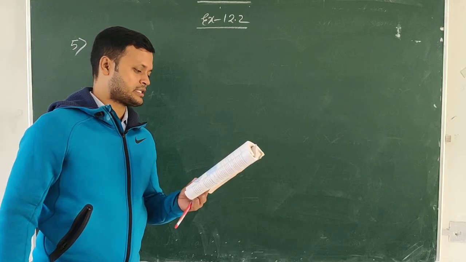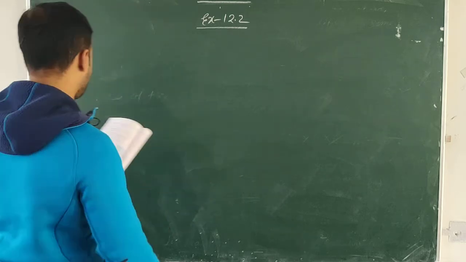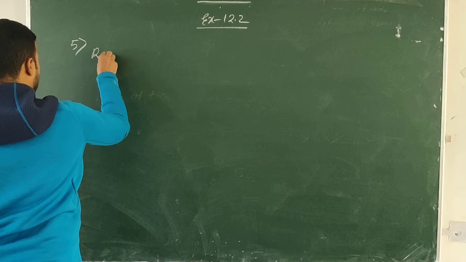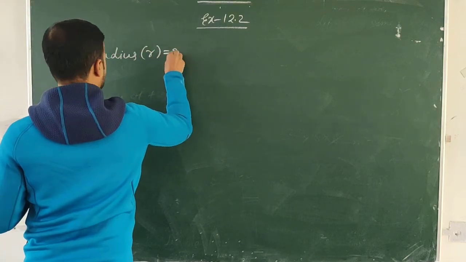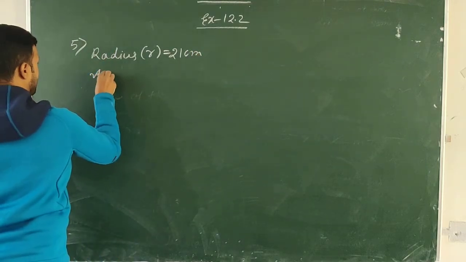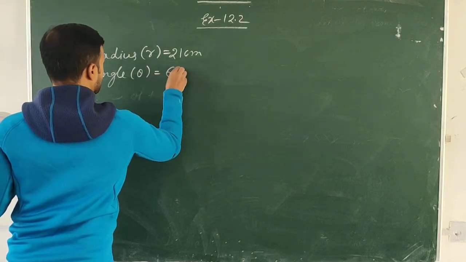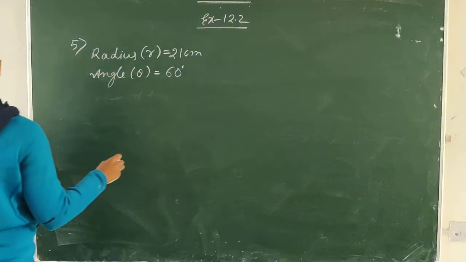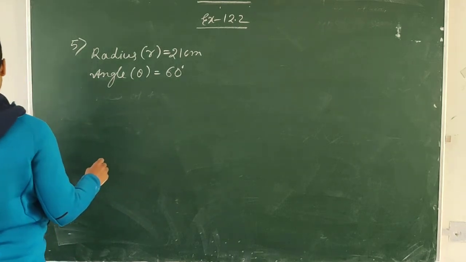Number 2, area of the sector formed by the arc and area of the segment formed by the corresponding chord. Okay. So radius is given. Radius r is given to you, how much? 21 cm. Angle theta is given to you, 60 degree.